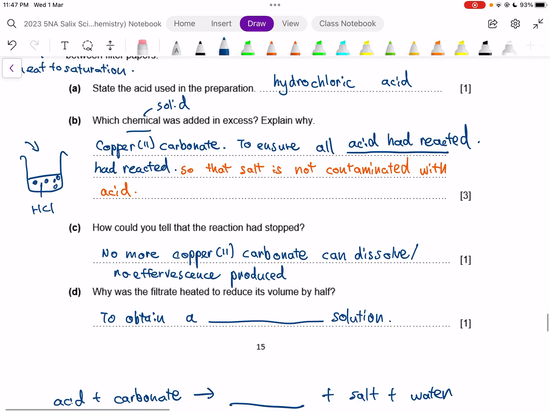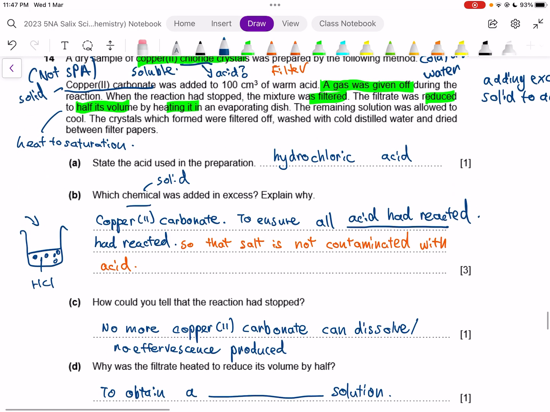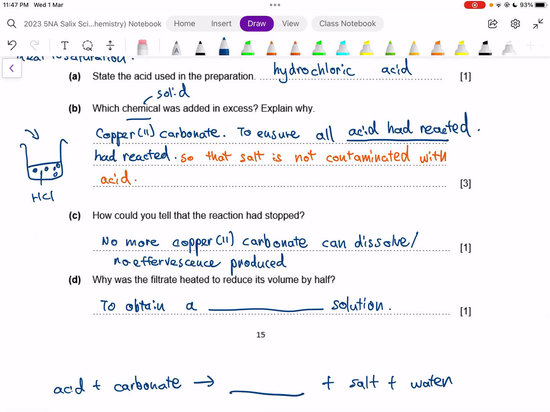And then why was the filtrate heated to reduce its volume by half? This part is to obtain a saturated solution. Very simple for this part.